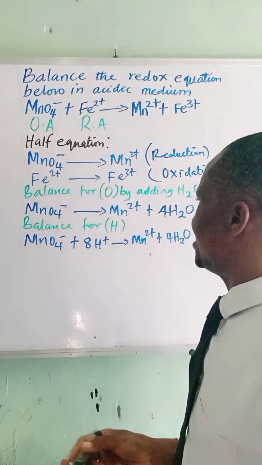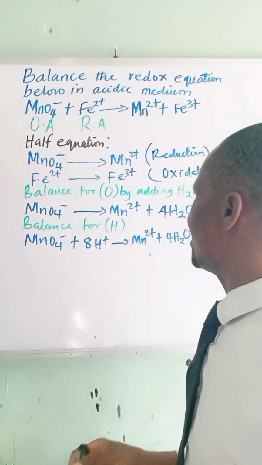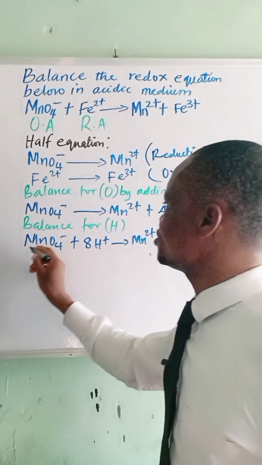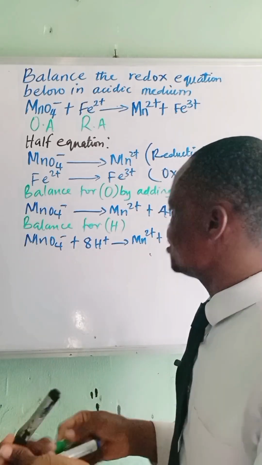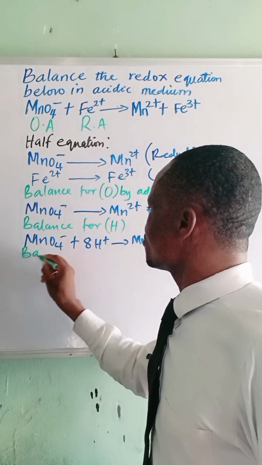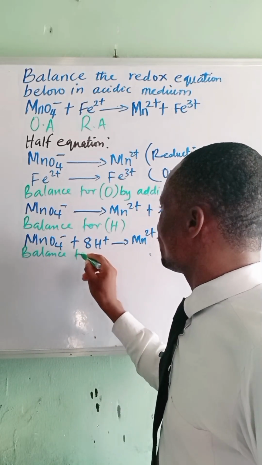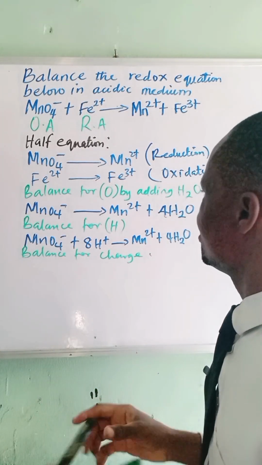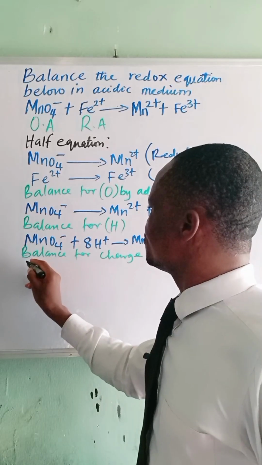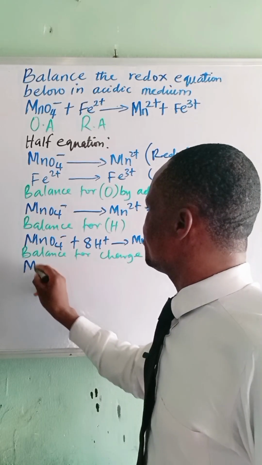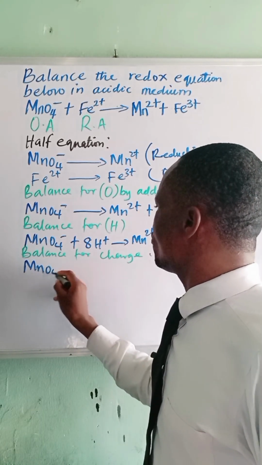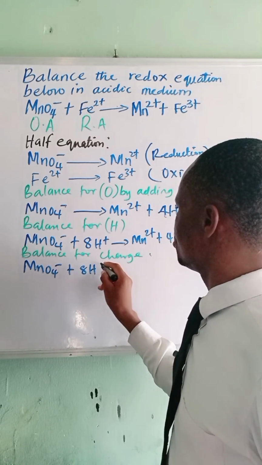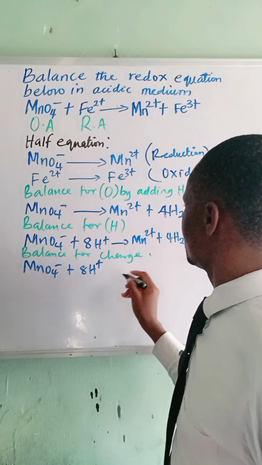Now, having balanced for hydrogen, let us balance for charge. Now we have MnO4 minus plus 8H plus.